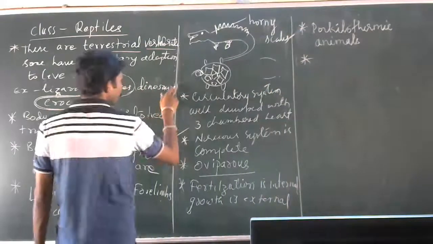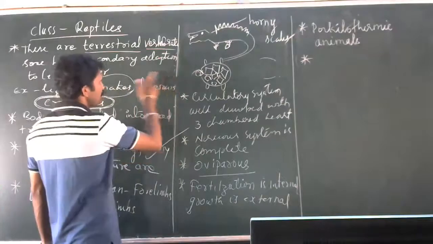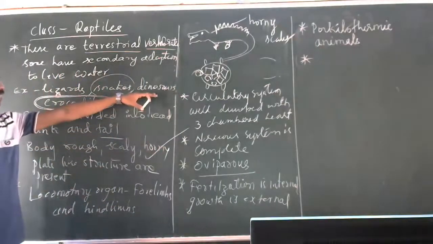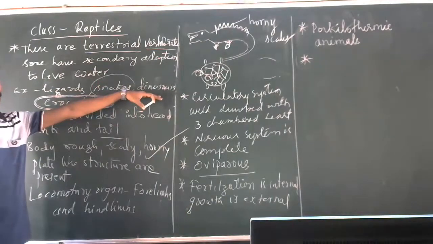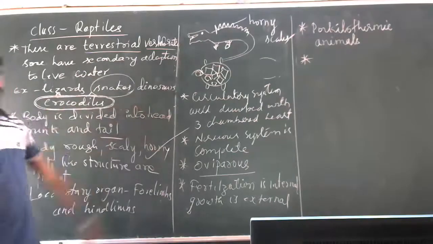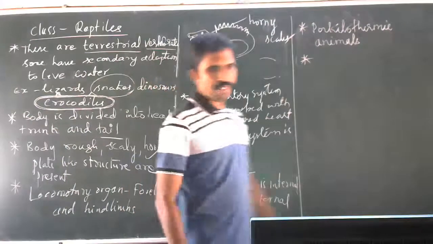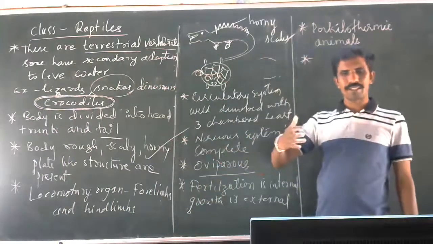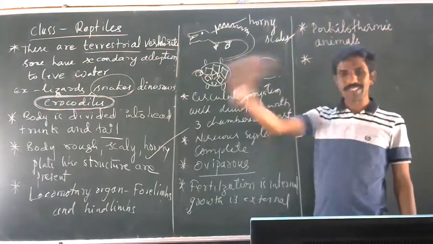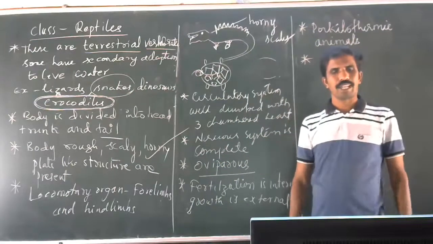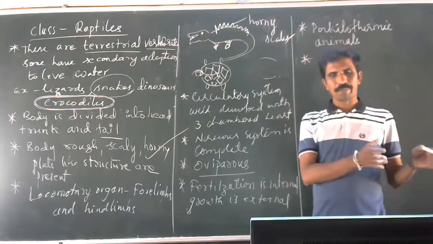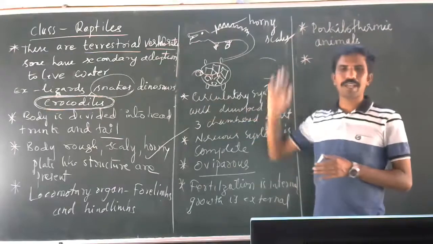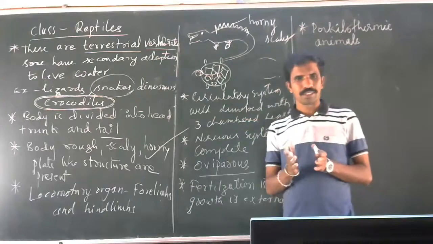See, dinosaurs again. These are actually fossils. They are not present now; they are extinct already. They also come under reptiles. Reptiles are the link: according to evolution, the present birds are nothing but a transformation of reptiles to birds.